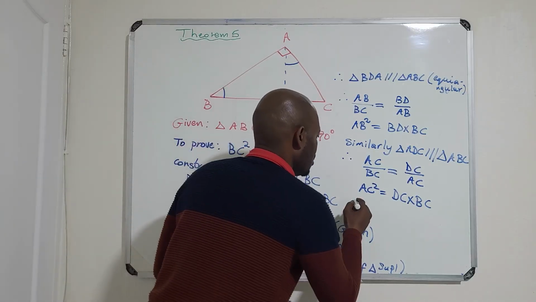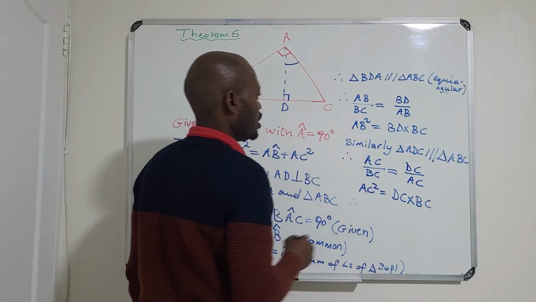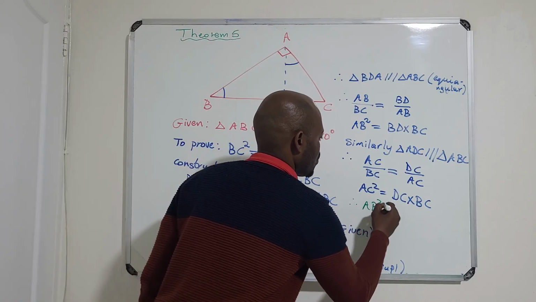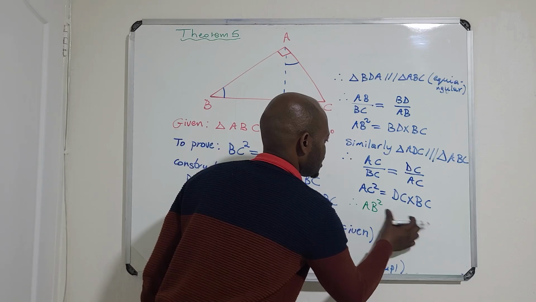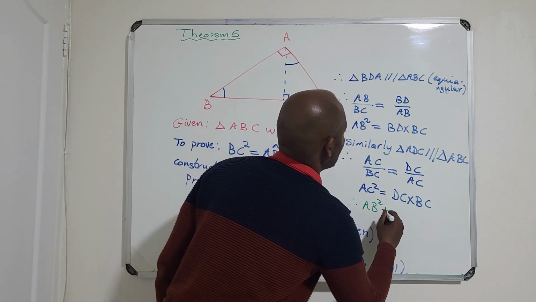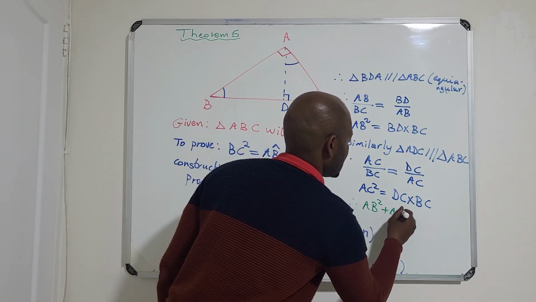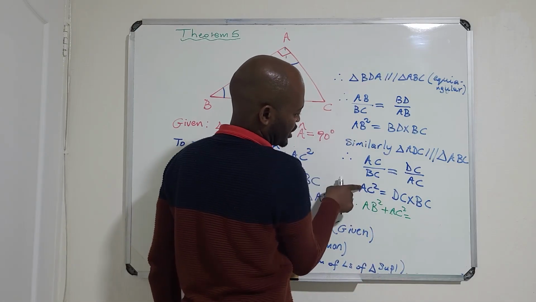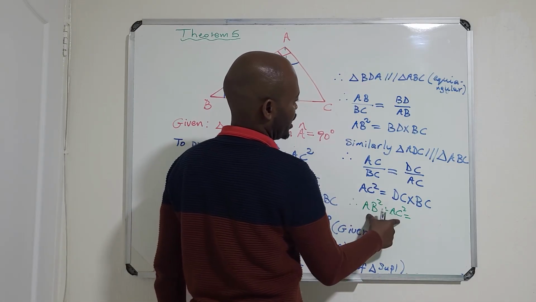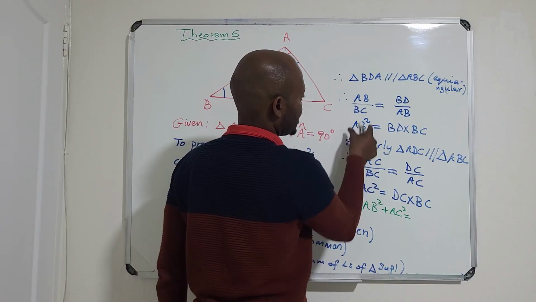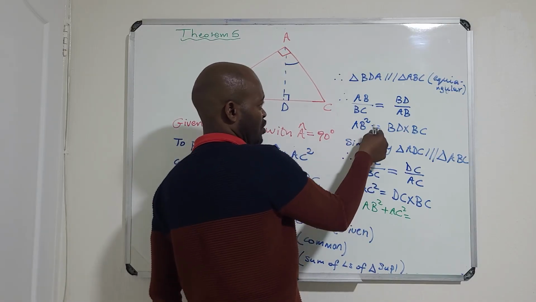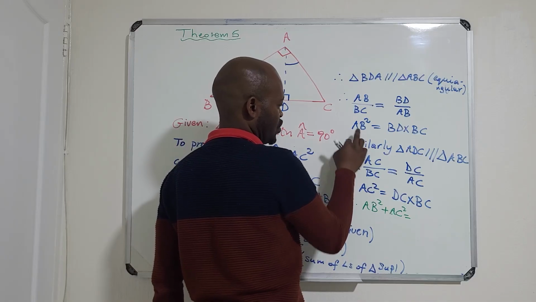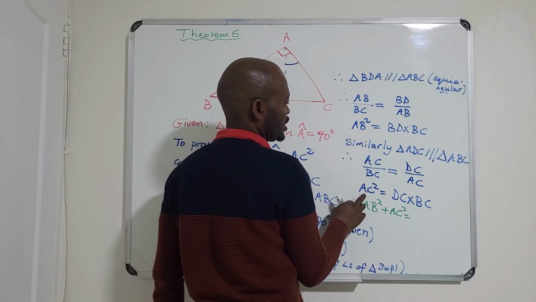Therefore, AB squared plus AC squared is equals to, so I'm adding this plus this, this side of the equal sign, therefore I'm adding them, AB squared plus AC squared.